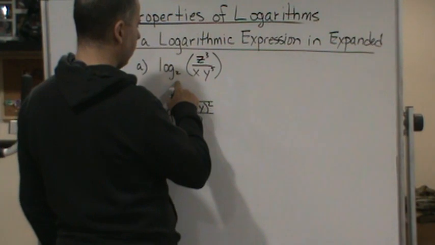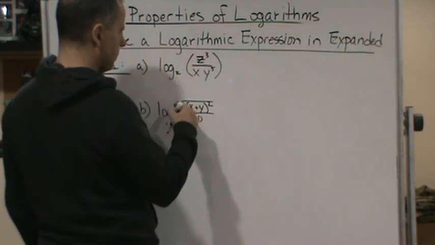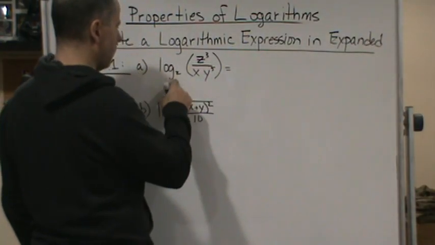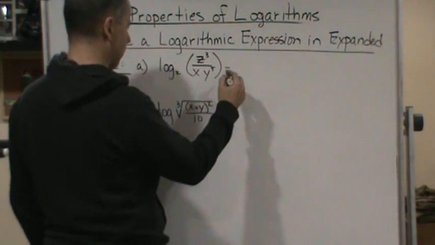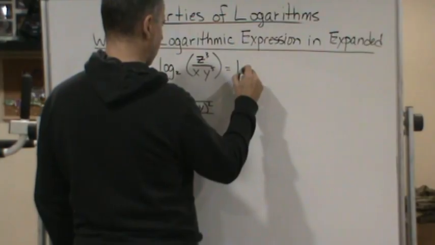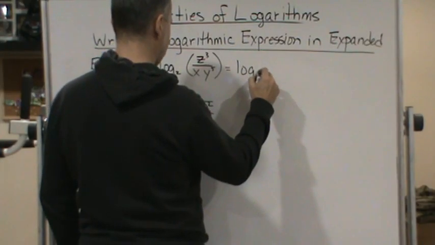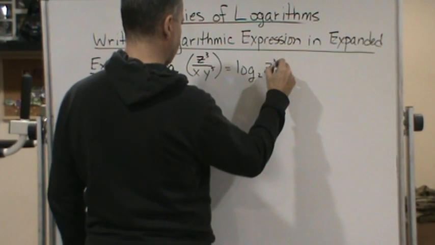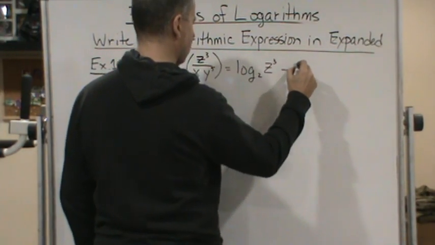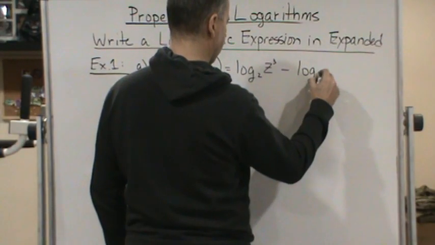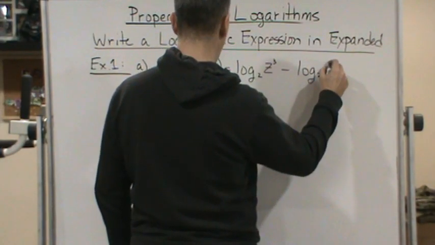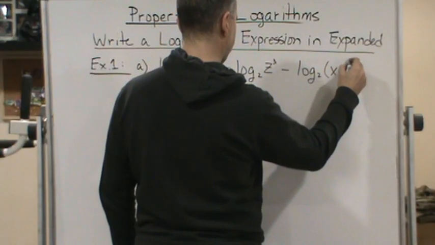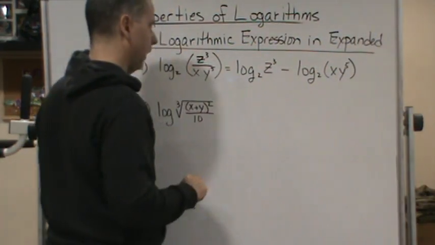Okay, so here I've got products and quotients and powers all together. So I'm going to rewrite this, and I'm going to first do the quotient, right? So I'm going to write this as the log base 2 of z cubed minus the log base 2 of xy to the fifth, okay?